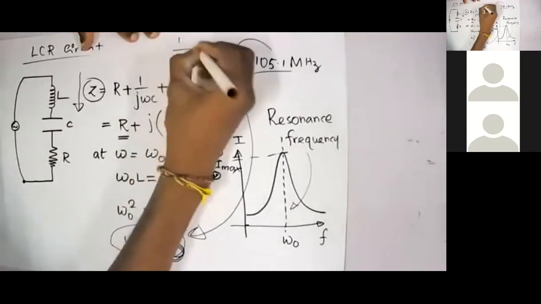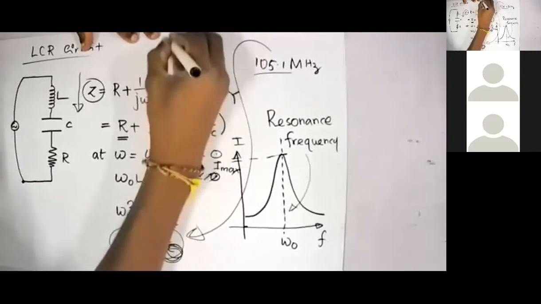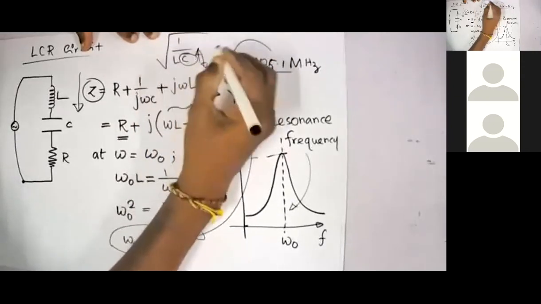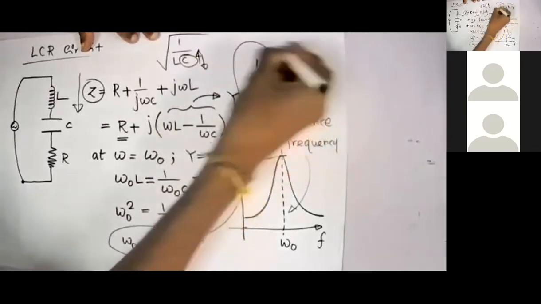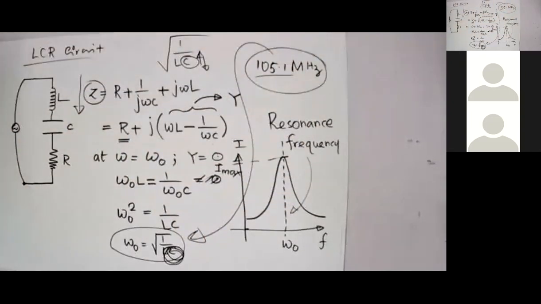Since the frequency goes as 1 over the square root of LC, while you are tuning the LC, you can adjust the frequency you need at the output. Clear? This is how your radio circuit works.